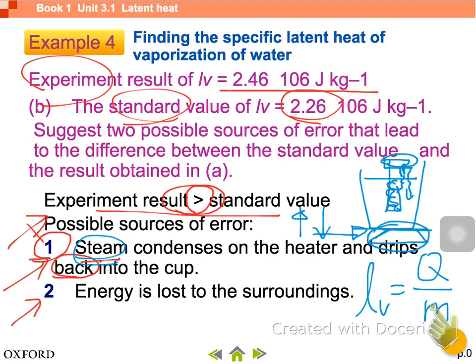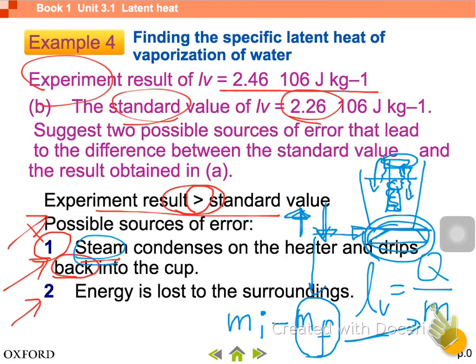I repeat, if the steam changes into water and then goes back to the cup, think about the final balance reading, greater or smaller than the actual one. The answer should be the final balance reading will be higher than the true value.